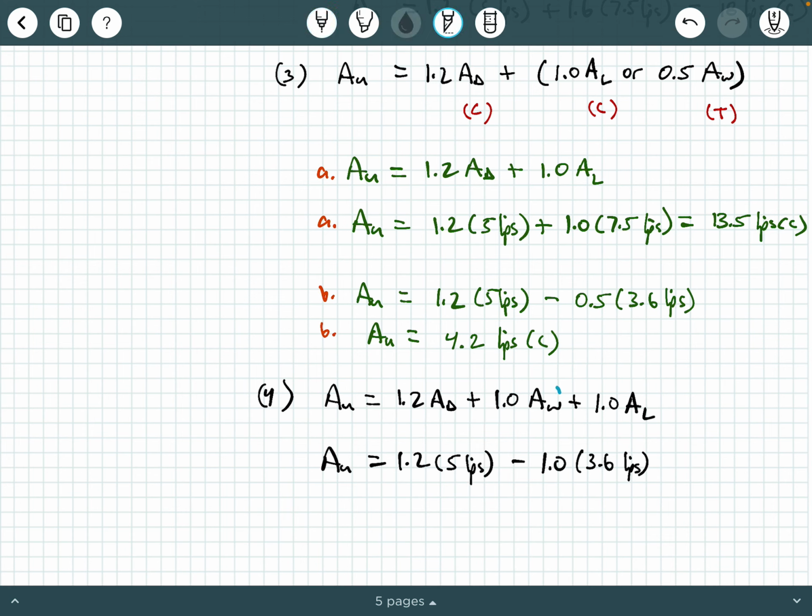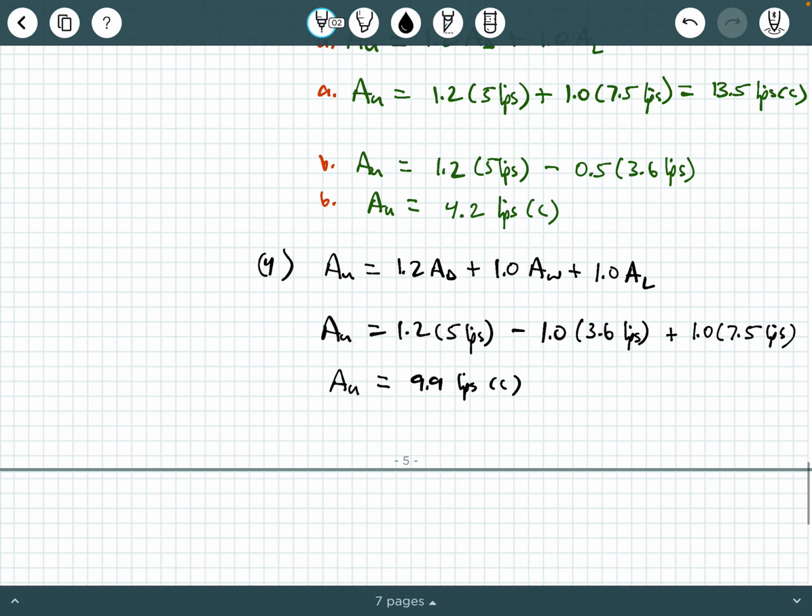Well, remember the axial load in AB due to the wind is causing a tensile effect, so you need a change of sign here to counteract the compressive effect from the dead and the live loads, okay? And then plus 1.0 times 7.5 kips, and we will end up with AU equals, let's use our calculator here, 1.2 times 5 plus, minus 3.6, and then plus 7.5. So I get 9.9 kips in a compressive effect.